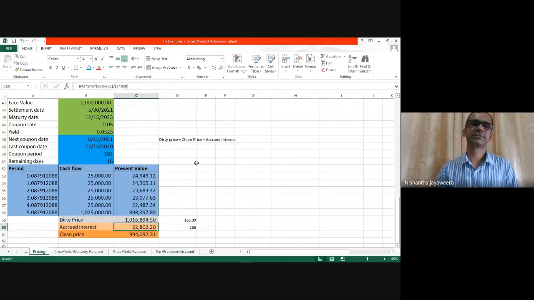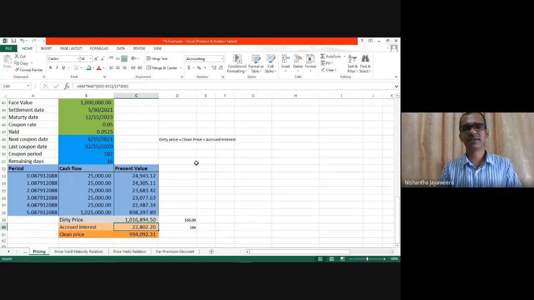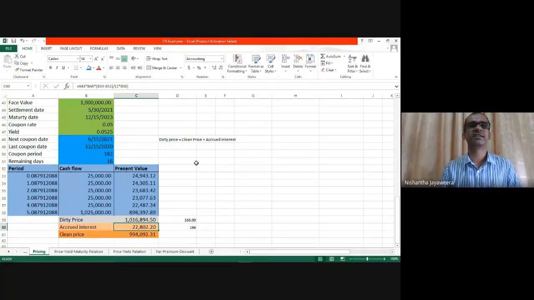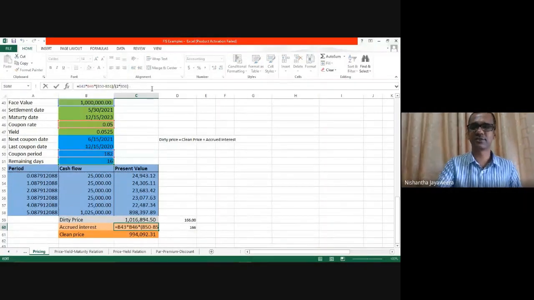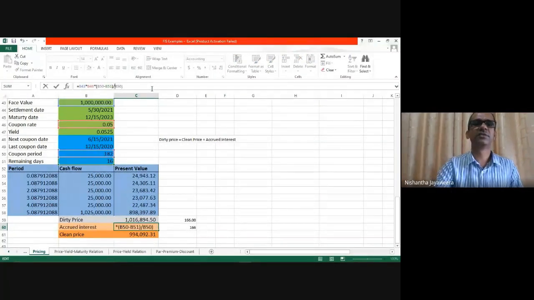Correct. Okay. So once you get used to the equation and spreadsheets, you can change it slightly to make it easy. Otherwise, if I want to correct it as what you want, it should be something like this.